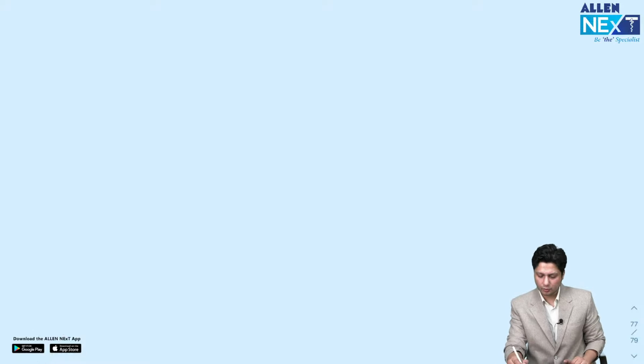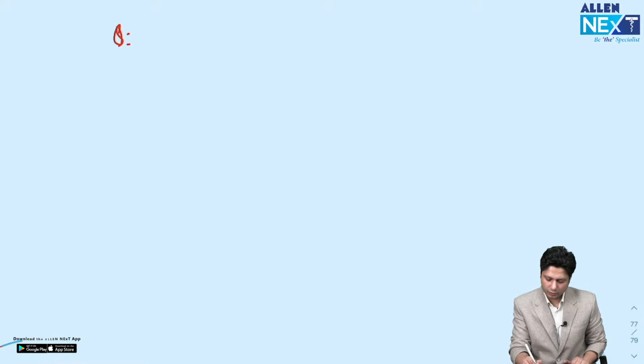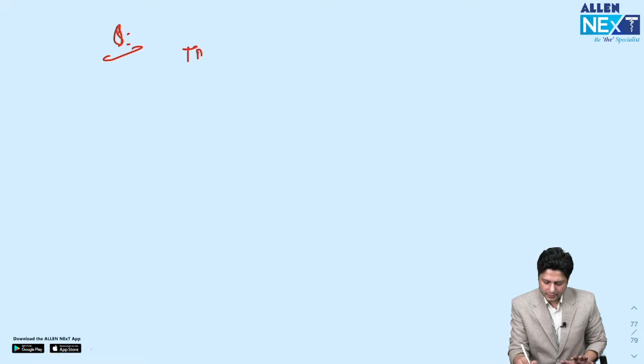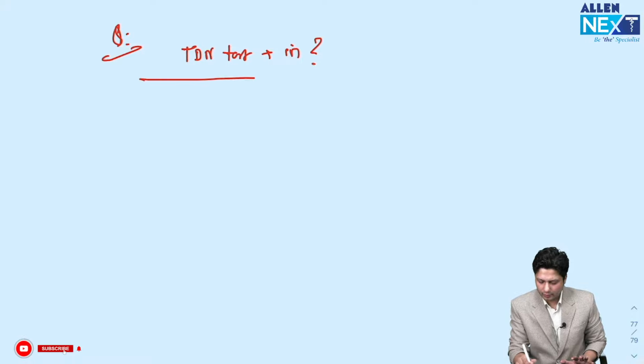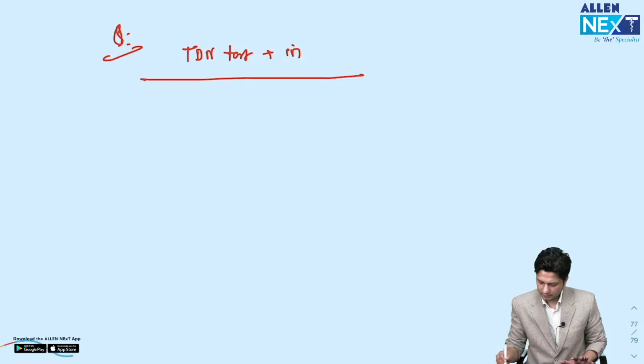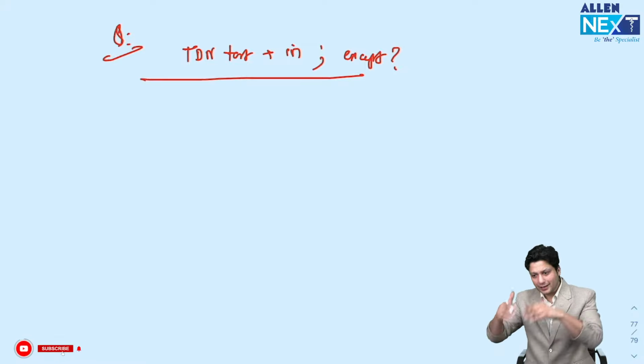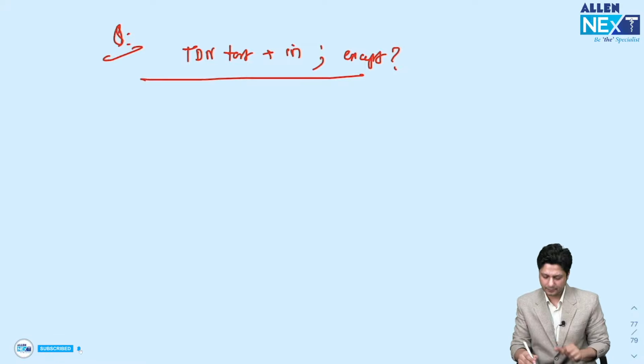One more thing you have to remember for the future. For those who are interested, suppose I give you this hypothetical question: Trendelenburg test is positive in all of the following conditions except.